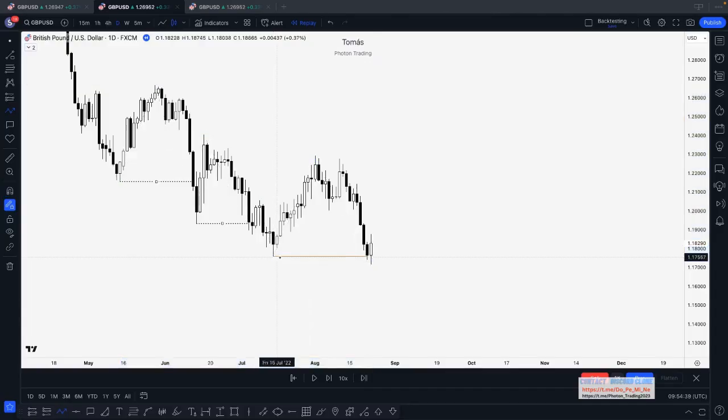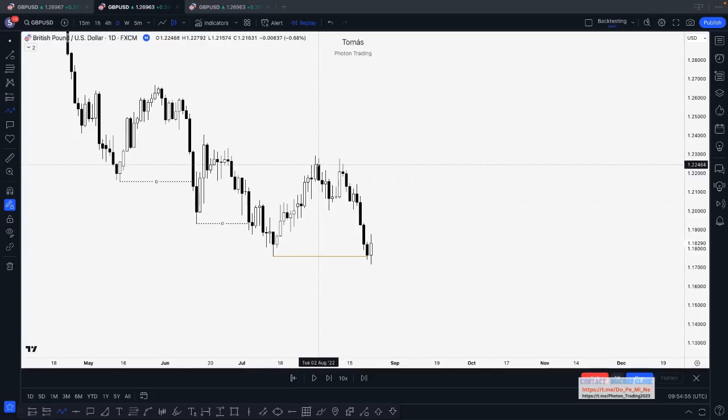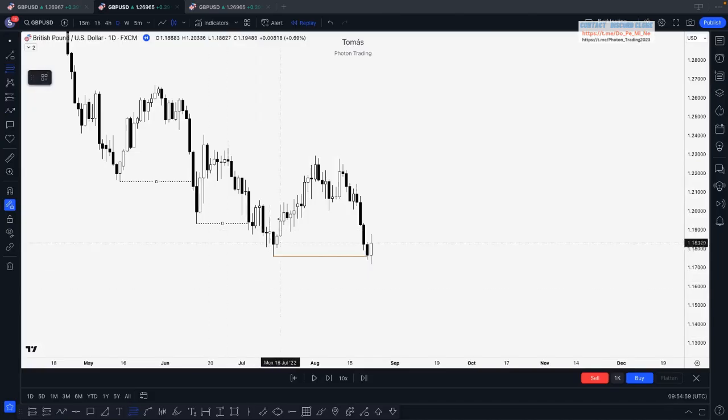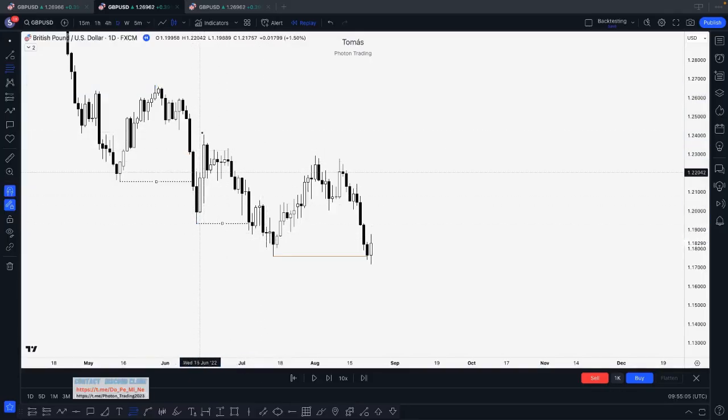What happens after the sweep of the low? We tend to have a pullback. So what can we expect? If you look left, we know that price after the daily BOS and sweep of the lows tends to pull back. So we can expect some kind of a pullback, correct? And we also know that only once the premium prices are reached, for example, in this leg, price reached the premium, lower high, right?